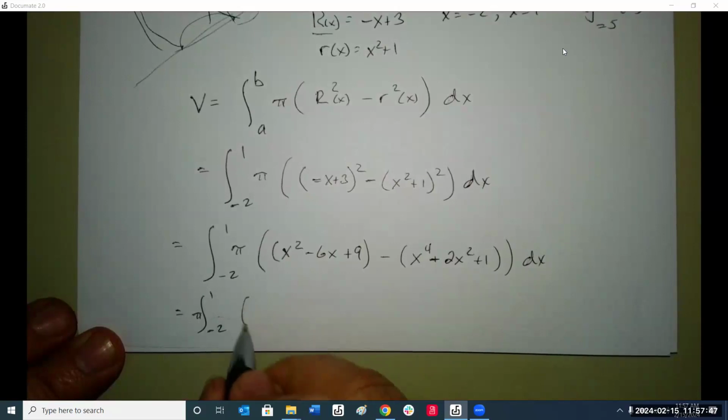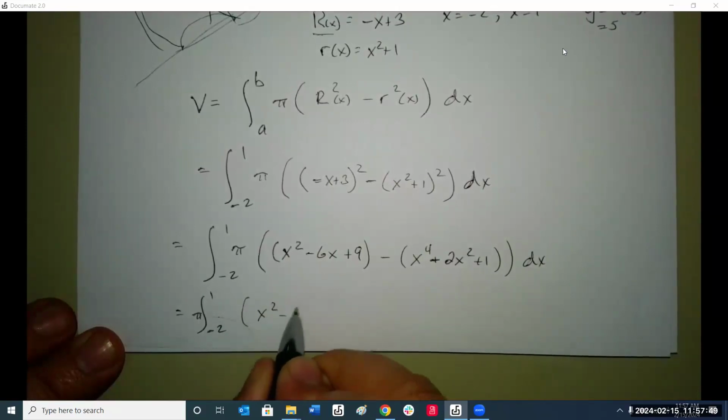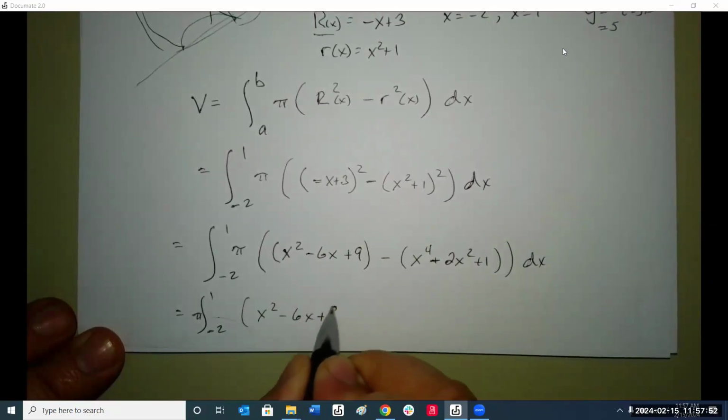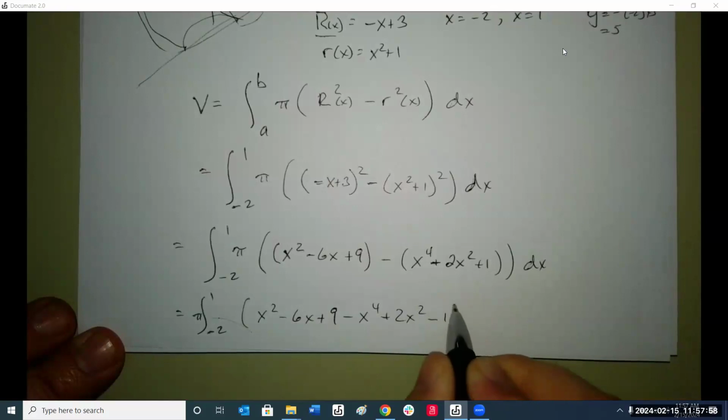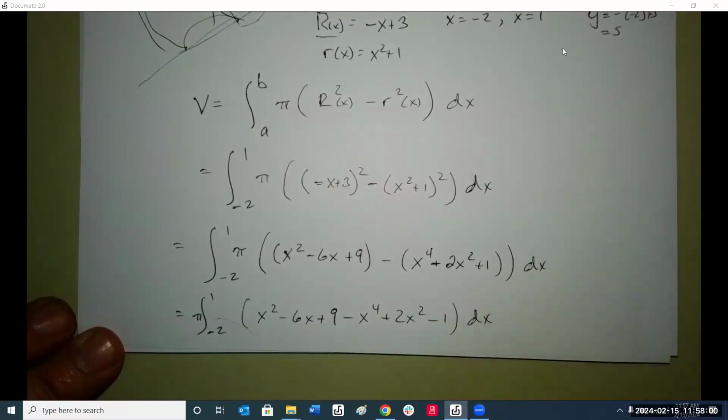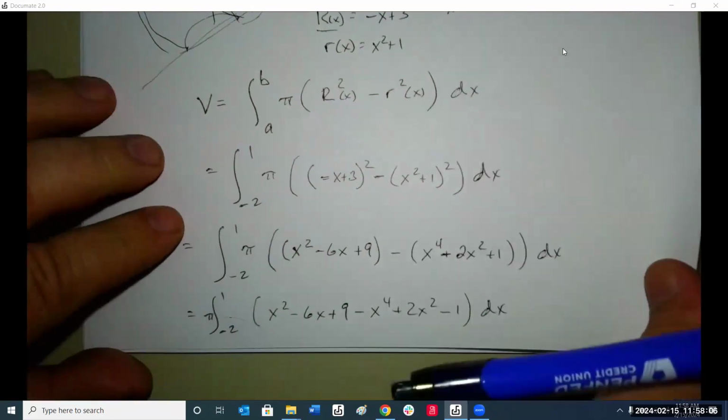From -2 to 1: x squared minus 6x plus 9 minus x to the 4th plus 2x squared minus 1. So it's x squared plus minus 6x.